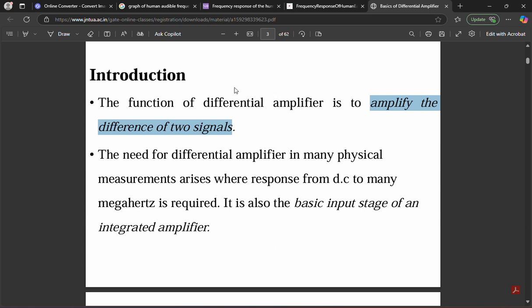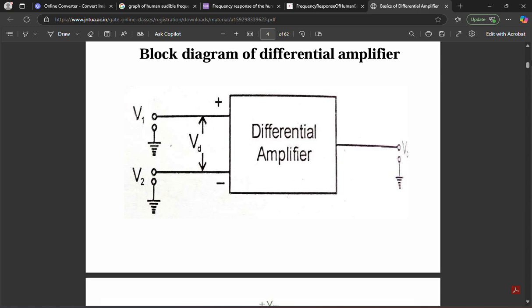Basically, it can amplify the difference between the voltage levels in two different signals. This is the simple block diagram of a differential amplifier. Here V1 is one signal, V2 is another signal with respect to ground, and this is the difference between V1 and V2. Vout, as per definition, is proportional to the difference, that is, proportional to VD.